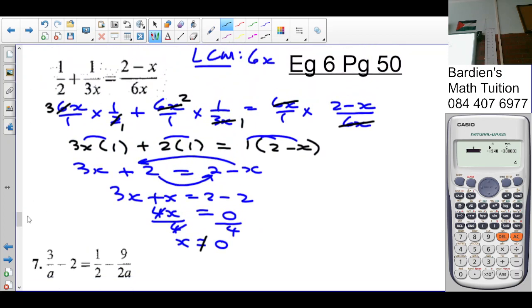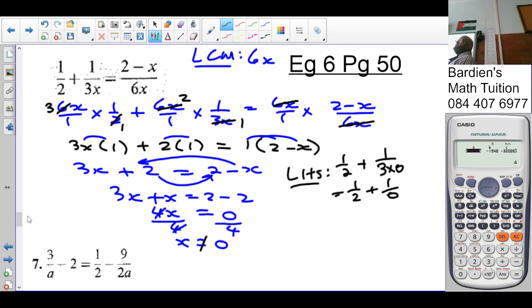So if you now apply that same rule here, and I put 0 in the left hand side, I'm going to get 1 over 2 plus 1 over 3 times 0, which is 1 over 2 plus 1 over 0. You see, anything divided by 0 is undefined. Not 0, it's undefined.